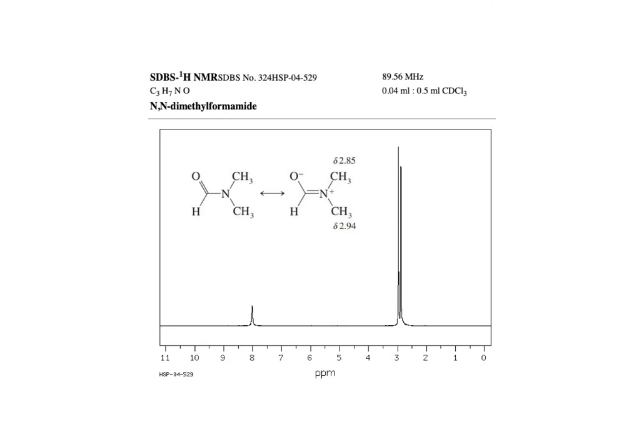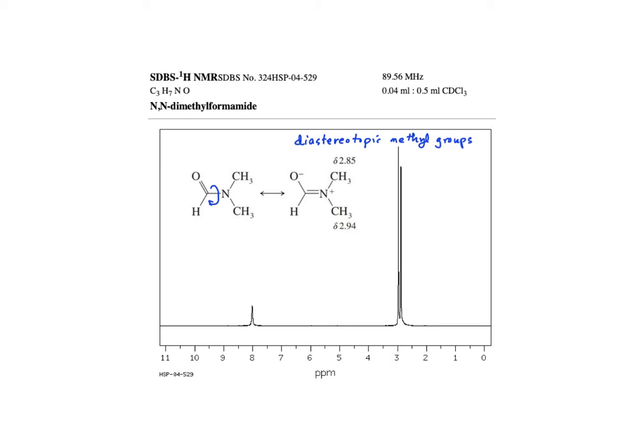For carboxylic amides, the substituents on the nitrogen are diastereotopic at room temperature due to a very slow rate of rotation around the carbonyl carbon to nitrogen bond.